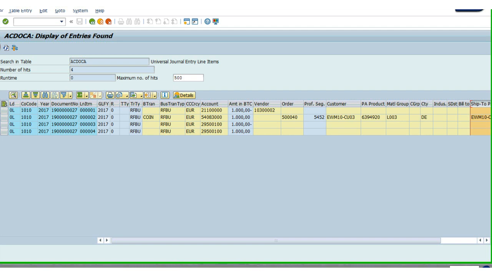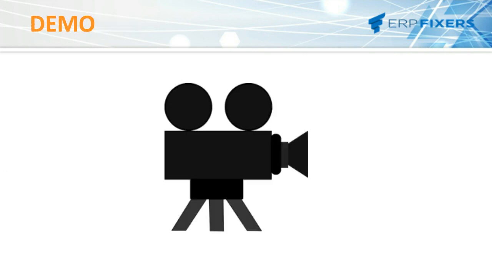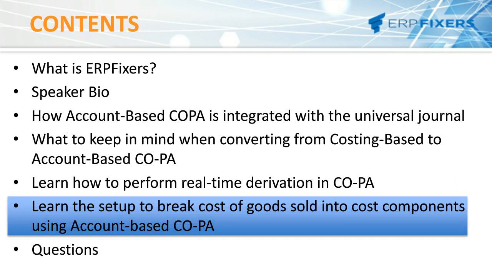So moving back to the presentation. That is the demo we have seen. Now we shall learn how to achieve the split of the COGS, that is the cost of goods sold, using the account-based CO-PA.